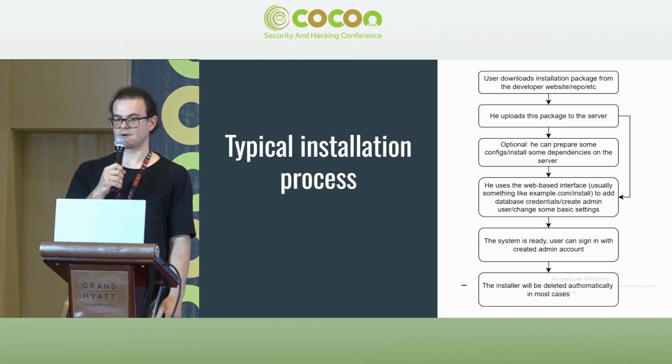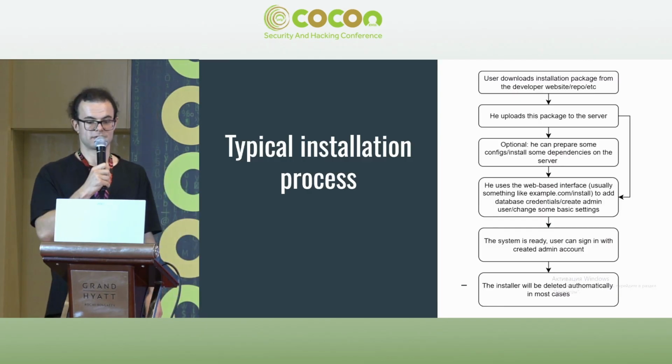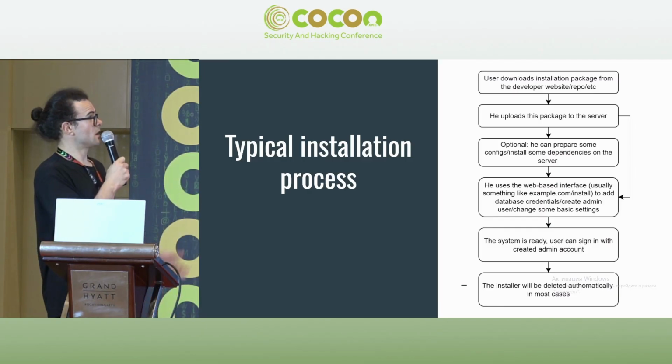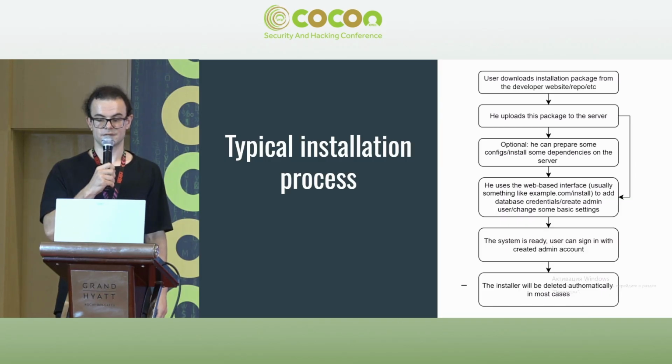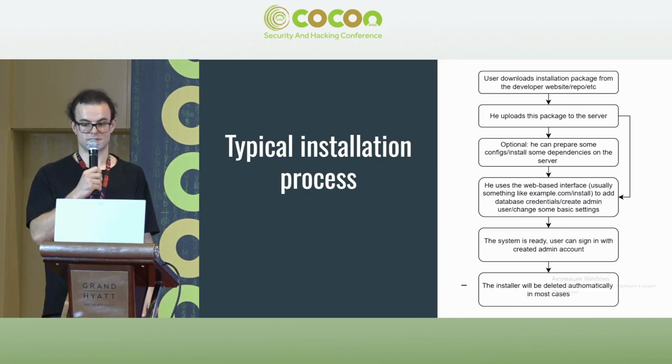So we have a diagram that shows the typical installation process. The user downloads the installation package from the website, then he can upload it to the server, and in some cases he can prepare some additional things like databases, but in some cases it is not required, so it is an optional step.